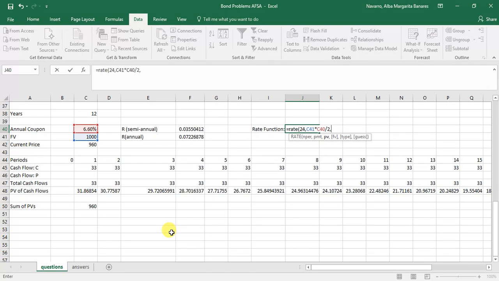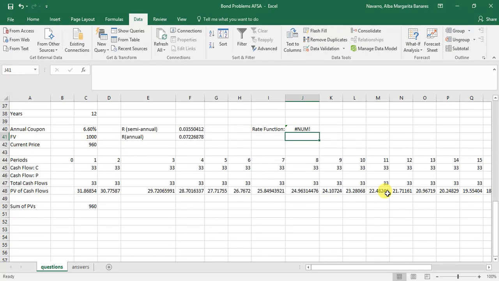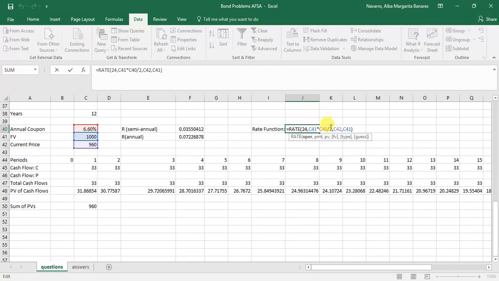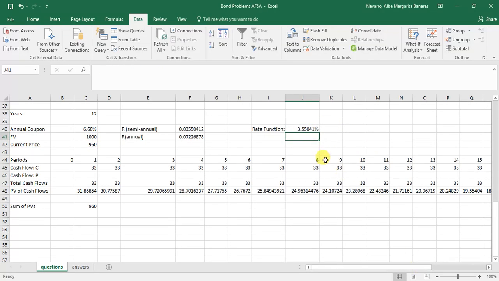Our present value is 960, and our future value is 1,000. Okay. For it to work, you have to have a negative present value. So put in negative. And as you can see, it's the same percentage.